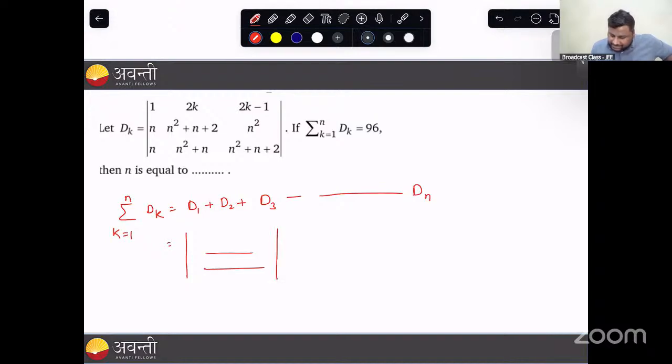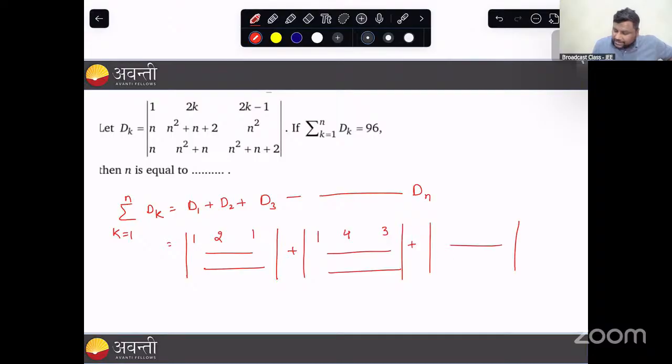Second as it is, third as it is. The first will be 1, 2, 1. D2 will be 1, 4, 3. D3 will be 1, 6, 5. And so on till nth term.